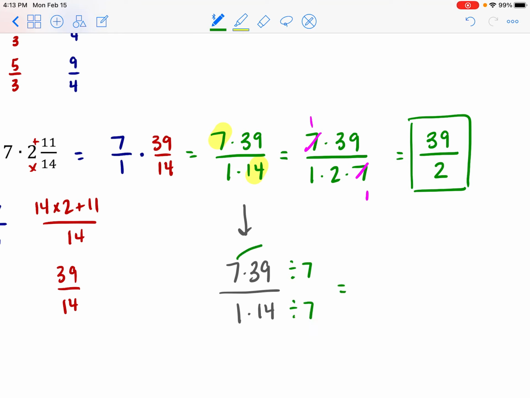So 7 divided by 7 is going to make that a 1, and you'd be left with the 39 on the top. And then 14 divided by 7 is going to leave you a 2 there. And then 2 times the 1 would be that same 2 in the denominator. So if you want to divide that way, that's fine. This is really kind of whatever works best for your line of thinking, okay?